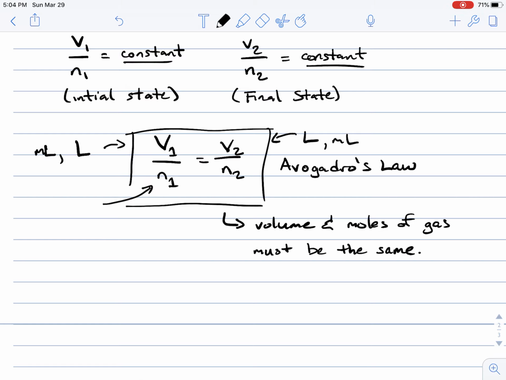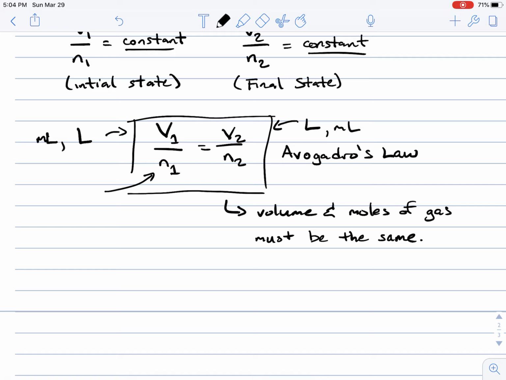Now, for the value for N, the unit for N must be in moles. And so if the problem, for instance, presented the unit as mass or grams, then you need to convert from grams to moles using the molar mass of the chemical formula to perform that conversion.